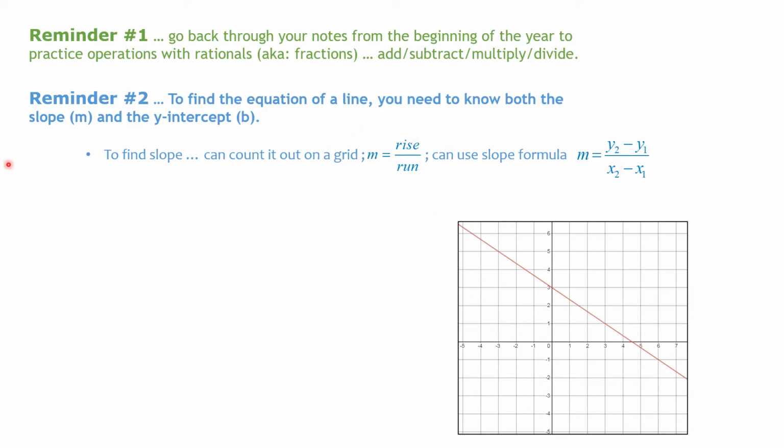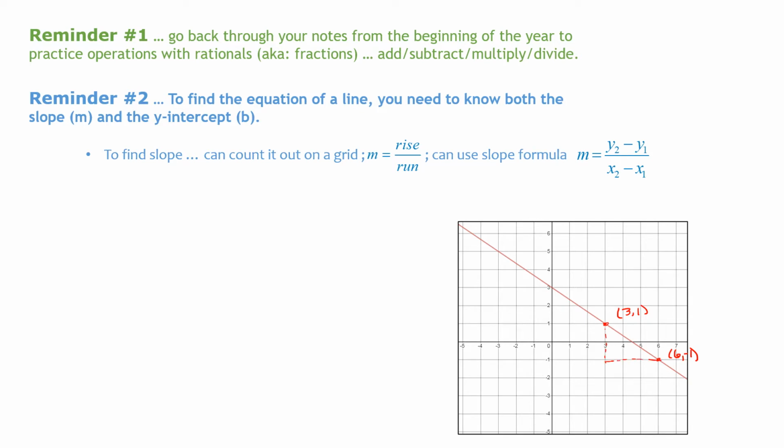I'm going to put 2 points on here that look pretty clear. This one is (3, 1). And how about this one here, (6, negative 1). So I draw a triangle like this, and rise over run.